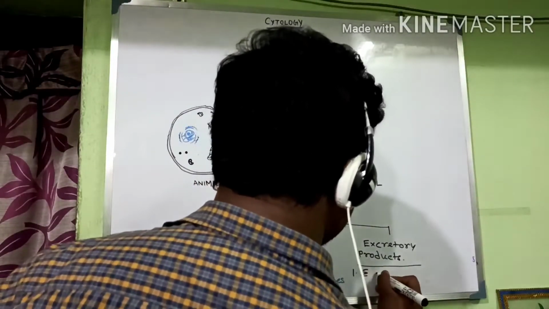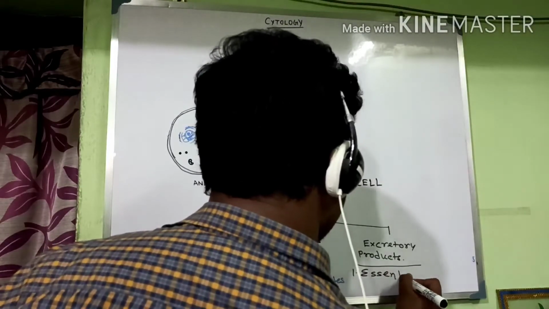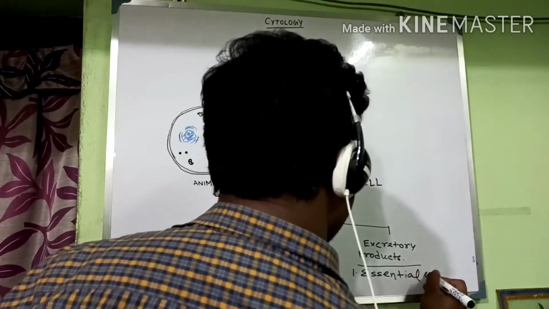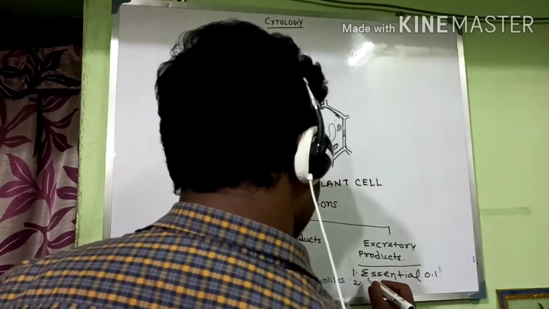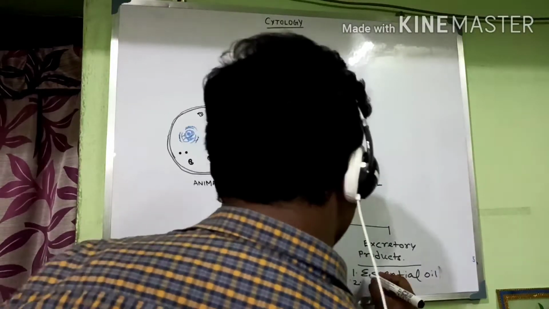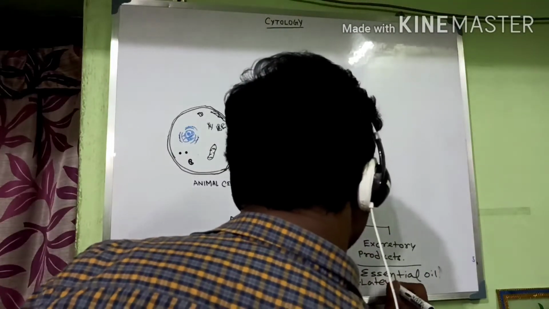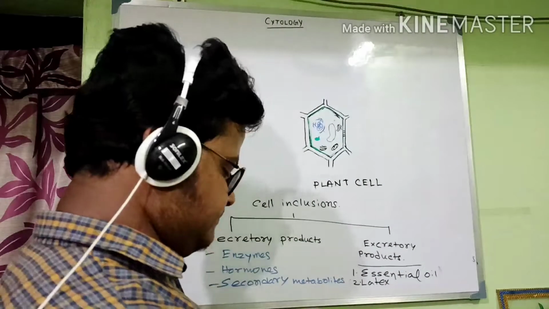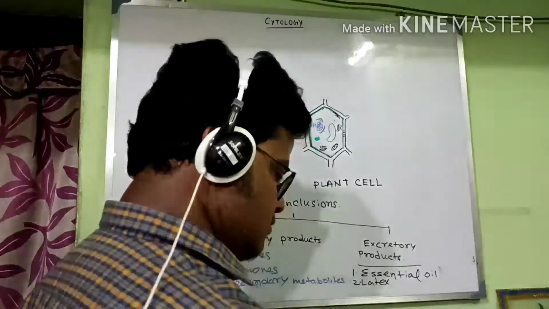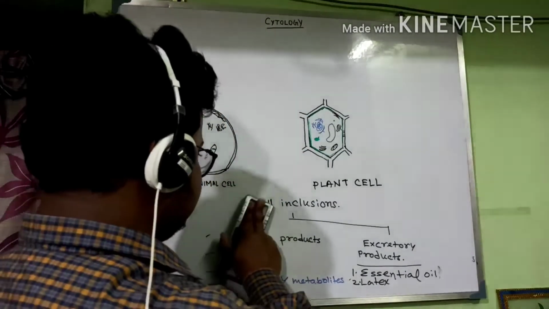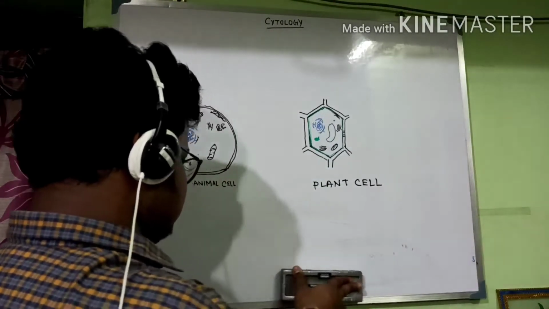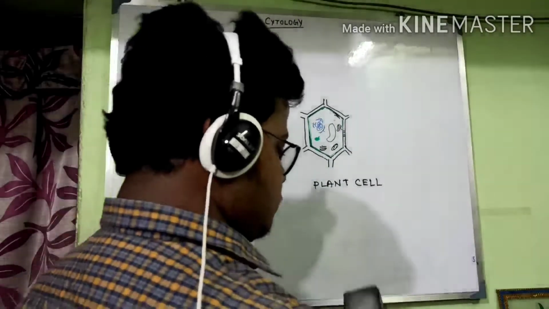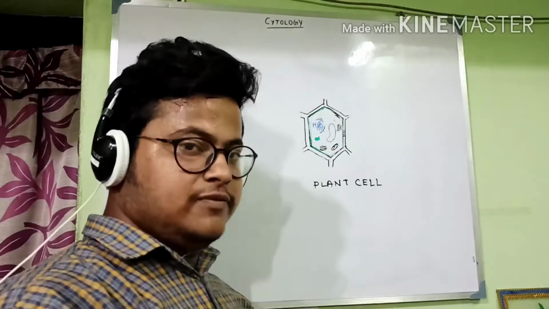They can be essential oil, latex, resin, etc. So these are the components of the cell.